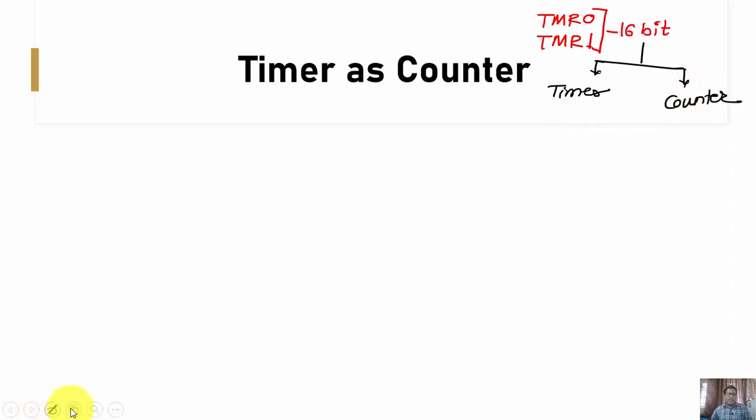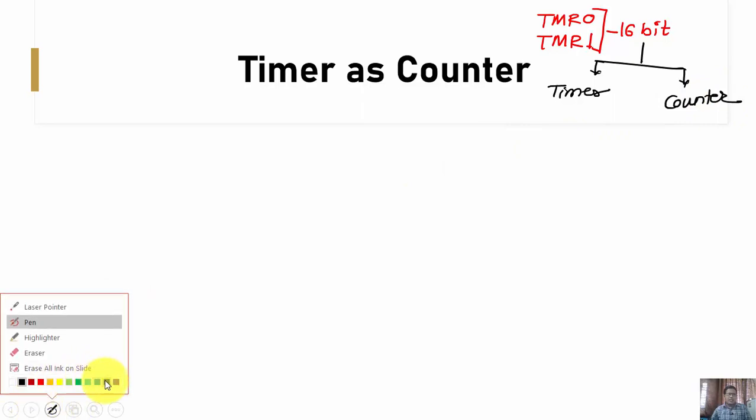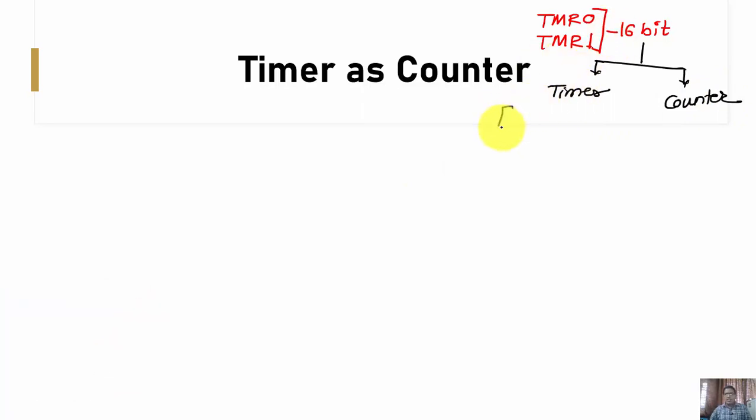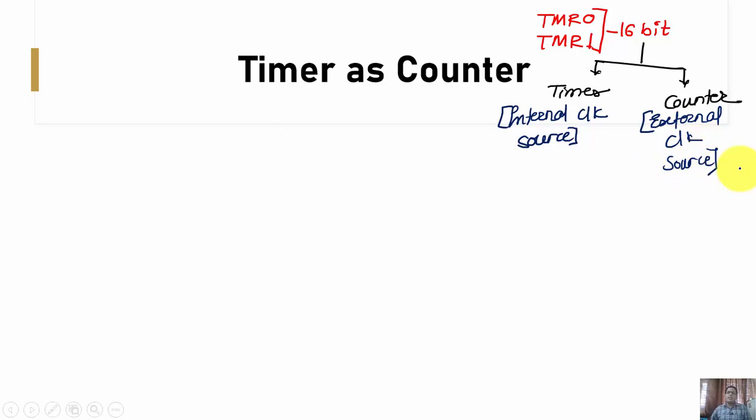When these registers are used as a timer, the internal clock source is used for the operation, whereas when used as a counter, an external clock source is used. This is the basic difference between timer and counter operation.